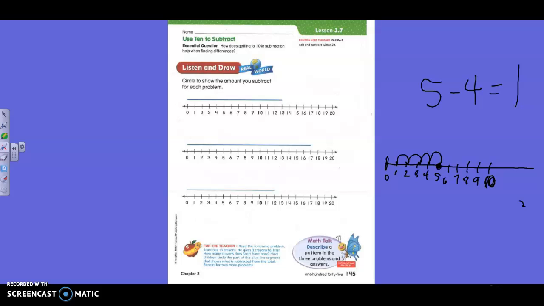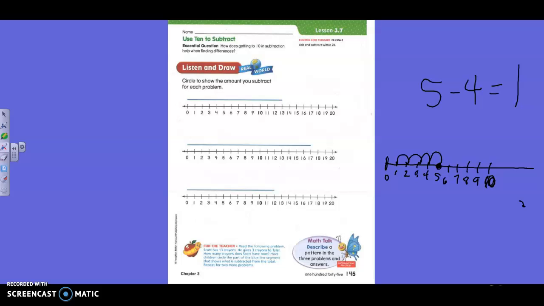Subtract. How did you know that? Because Scott is giving away crayons. He is giving away 3 to Tyler. So we are going to subtract.